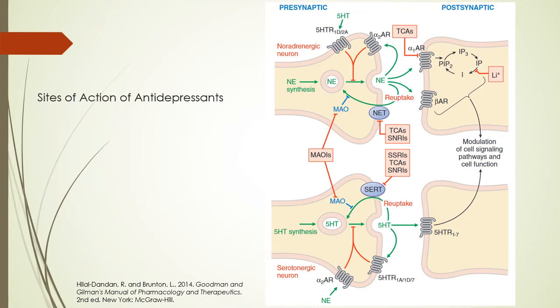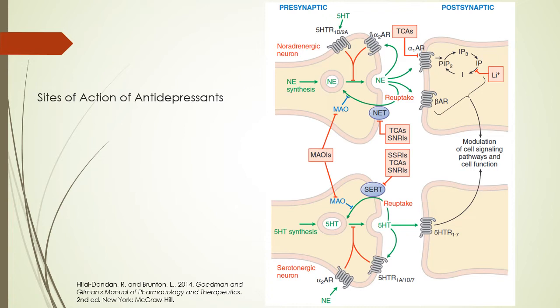So drugs that block the norepinephrine transporter and therefore block the reuptake of norepinephrine and increase the concentration of norepinephrine in the synapse include the tricyclic antidepressants and the combination serotonin-norepinephrine reuptake inhibitors. The serotonin-norepinephrine reuptake inhibitors are also known as second-generation antidepressants. They're also known as atypical antidepressants.